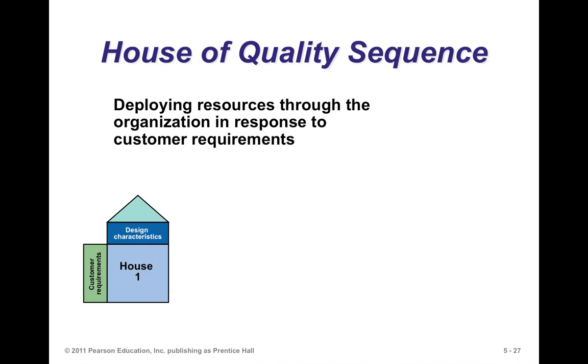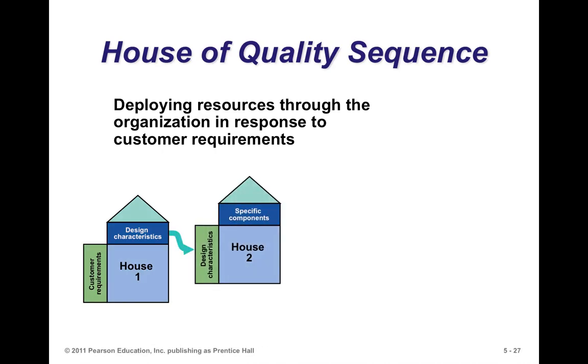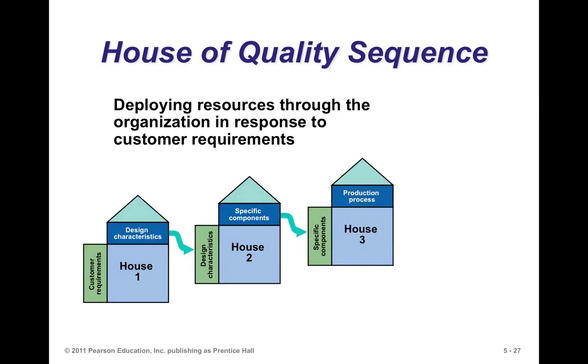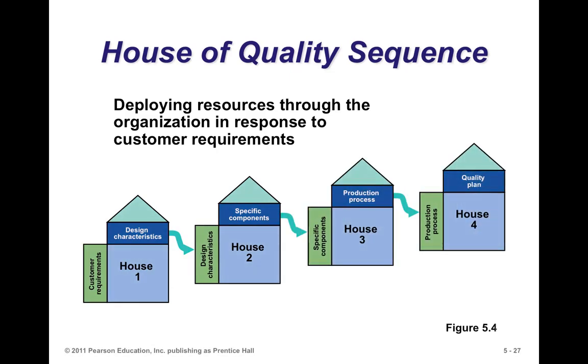Now, once you've completed this first design, you have this cascading of the house of quality, where you go from this very first one to now using it to specify what components we will need, and then based on the components, what kind of processes you will use to create those components, and based on the processes, what kind of quality plan you will have to manage those processes.